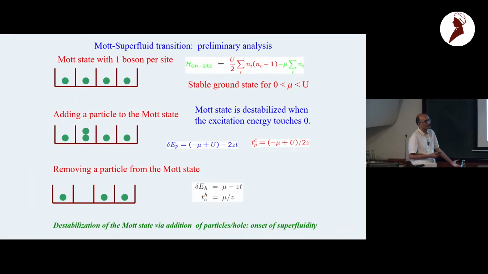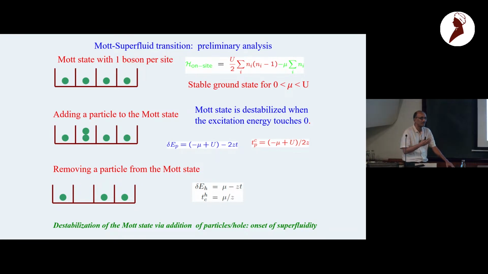Now, why does this model show a phase transition to begin with? There is a very simple way to understand this. So imagine that I look into this in a regime where my optical lattice is really, really deep. Okay? And therefore, my hopping strength from one site to the other, which goes as exponential of minus the lattice strength, is really small.